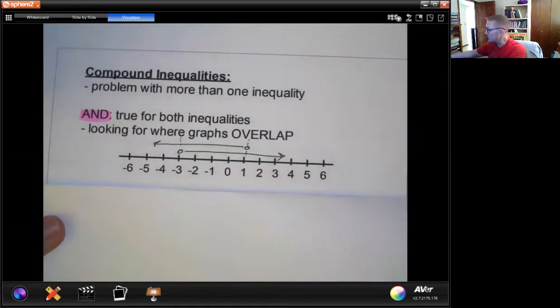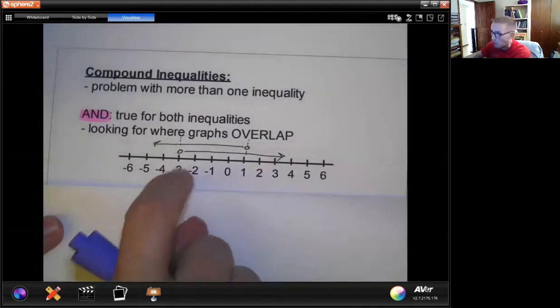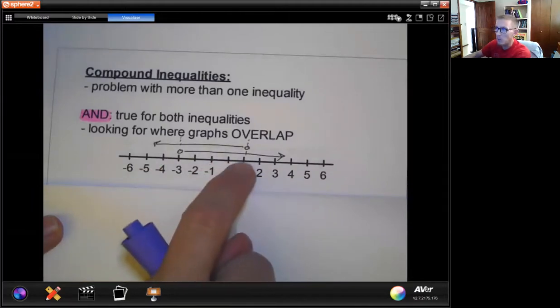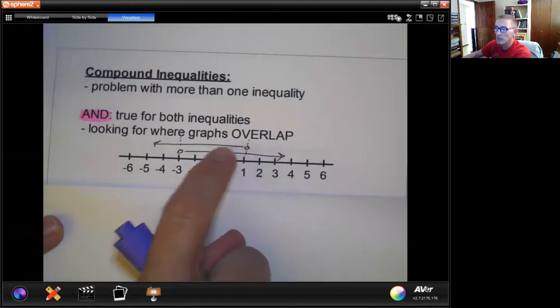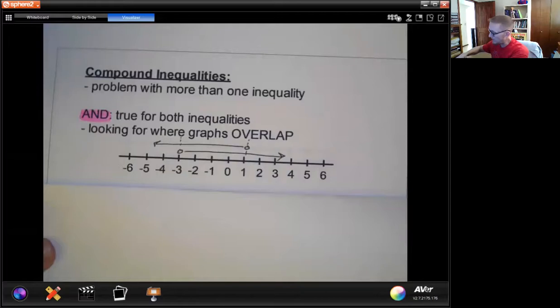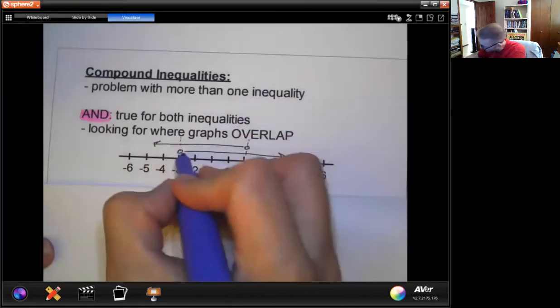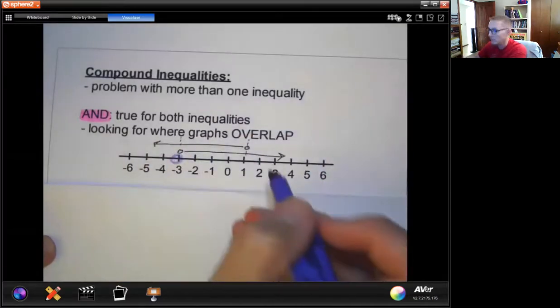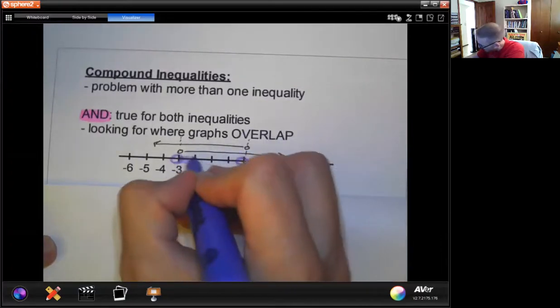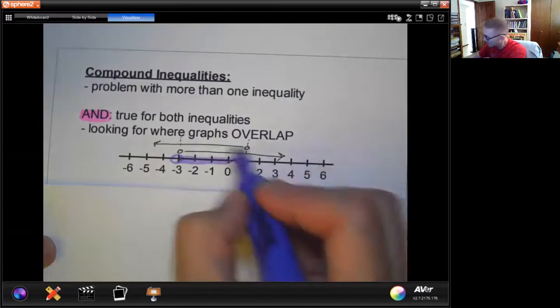Now, it's important to understand that the open dot in this situation means it doesn't actually overlap at -3, and it doesn't overlap at 1, but it does overlap for everything in between. So if I was going to graph the answer for this, what I would do is I would put an open dot at -3, an open dot at 1, and I would fill in everything in between.